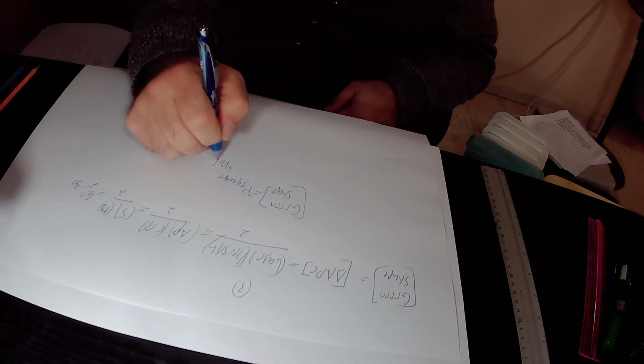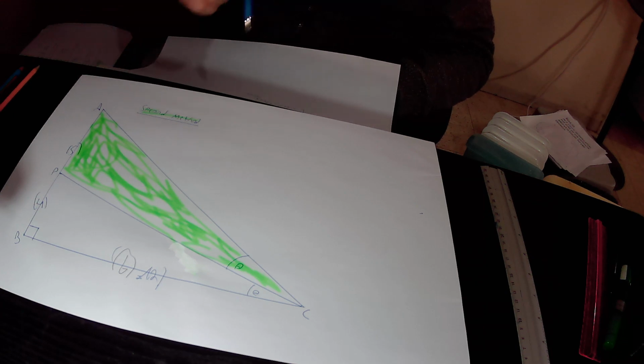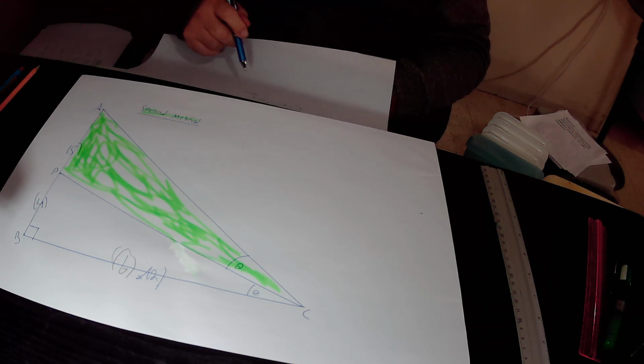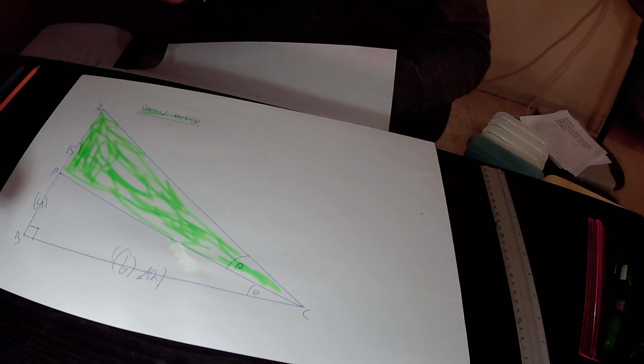So again, in both methods, the area of this green shape is equal to 30 squares in size. So we finish with the second question. In the next lecture, we start with the repetition of the first question and then repeat the solution of this second question by both methods.